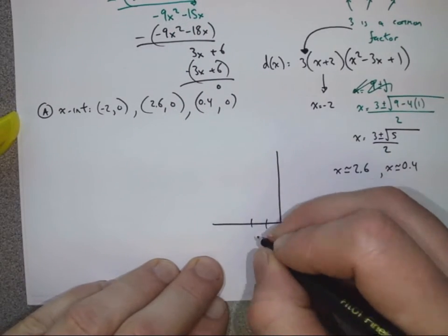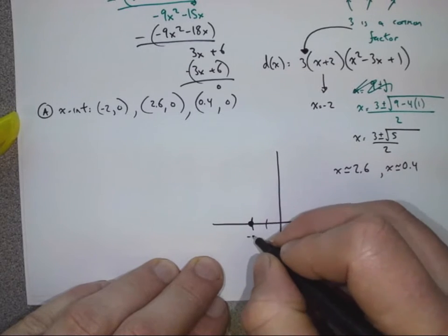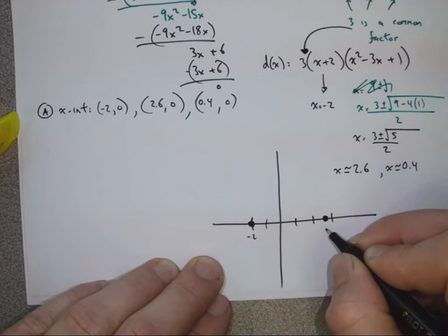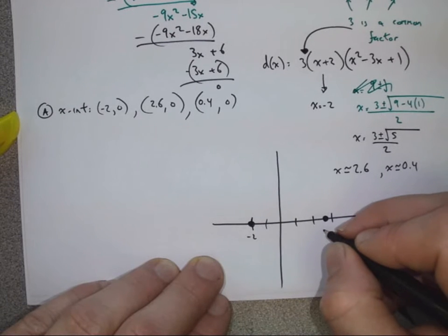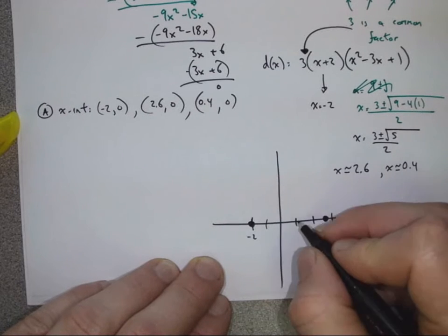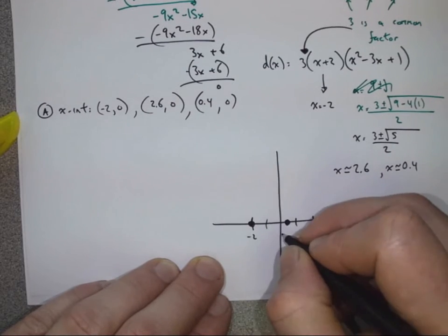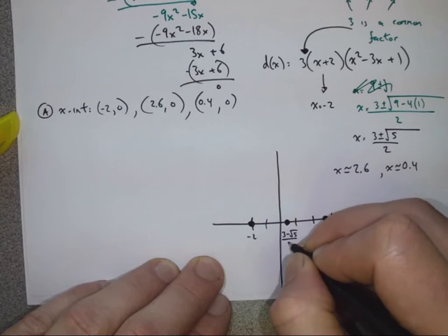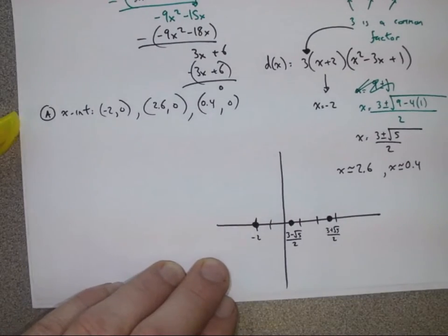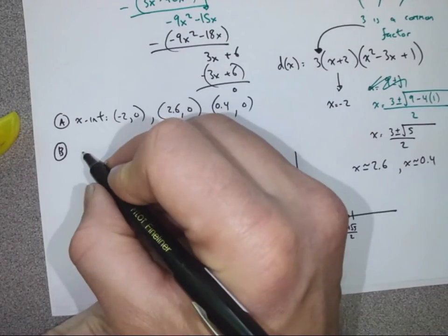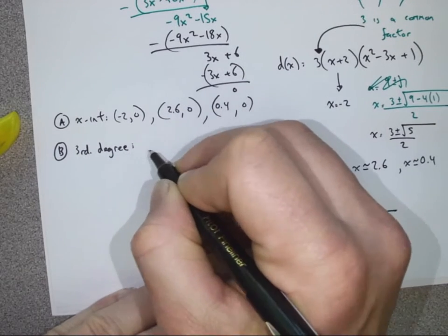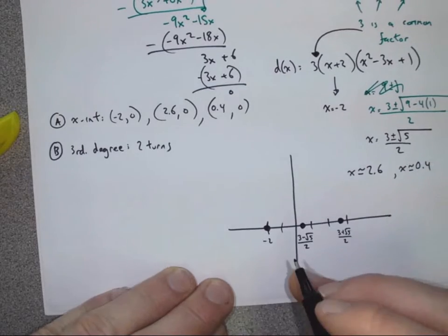So we got one at -2. I've got one at 2.6, which I'm going to call 3 plus root 5 over 2. And I've got one at around 0.4, which I'm going to call 3 minus root 5 over 2. Okay. This is a third degree polynomial, so the ends go in opposite directions. All right.